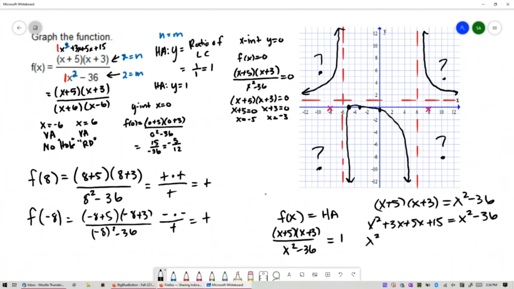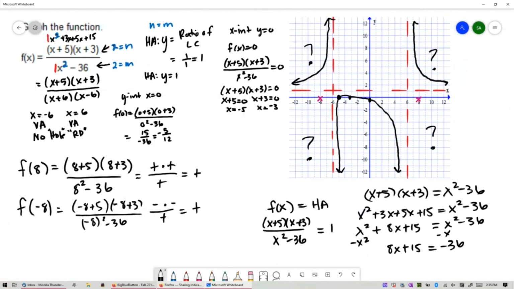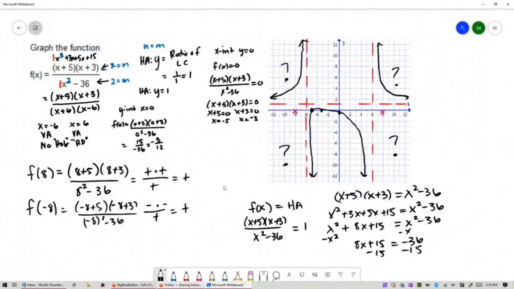That gives 3x plus 5x, that's 8x. And I'll subtract x squared on both sides. That gives 8x plus 15 equals negative 36. Subtract 15 on both sides. And that gives 8x equals negative 51. Divide by 8.